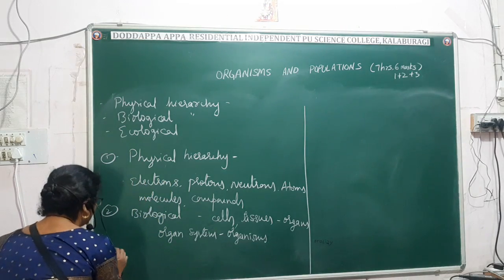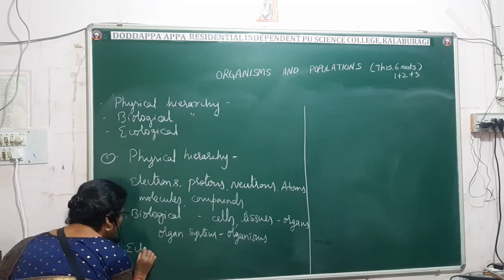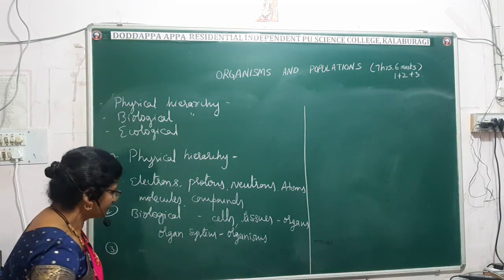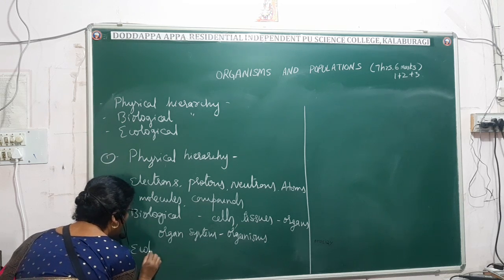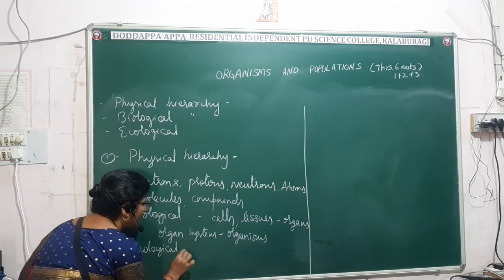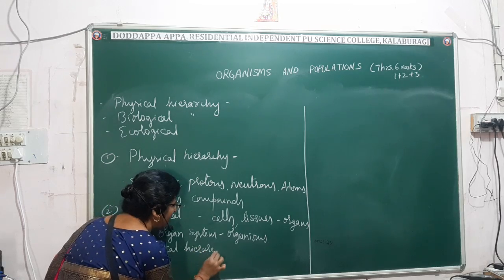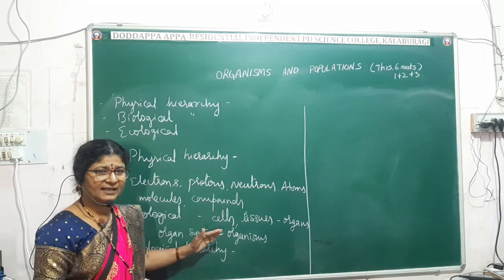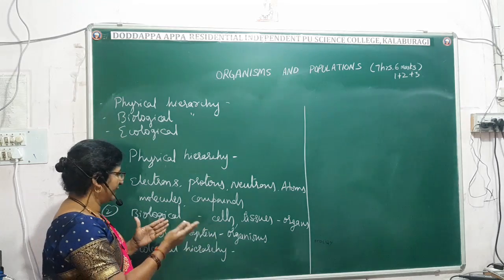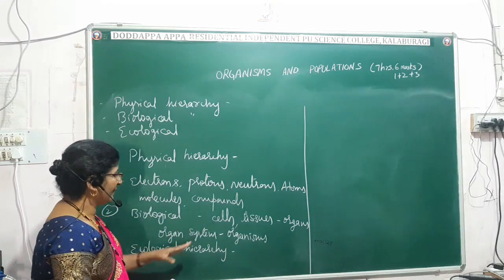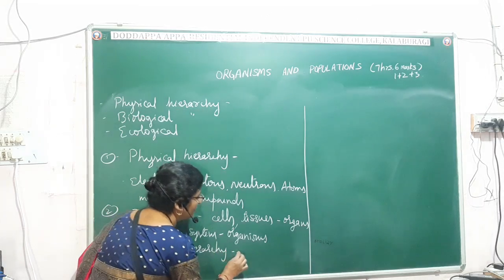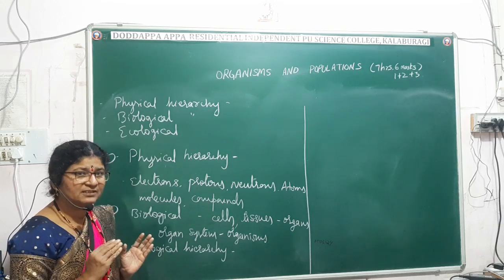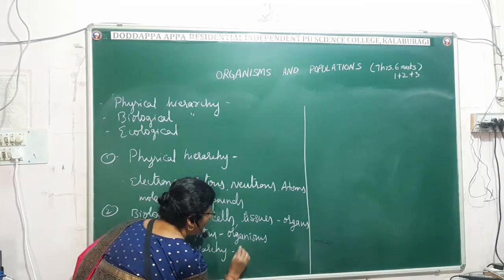Now let me go to the third hierarchy, that is the ecological hierarchy. In the ecological hierarchy, we start from the organisms, as the organism ends the biological hierarchy. Now the next level is the population. The organisms of the similar species constitute the population.